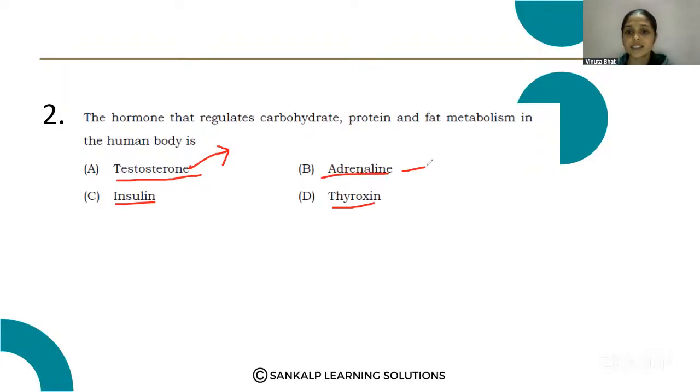Adrenaline is released by the adrenal gland and helps to face the situation. Insulin helps in the maintenance of the blood sugar level. So the correct answer is option D, thyroxine.